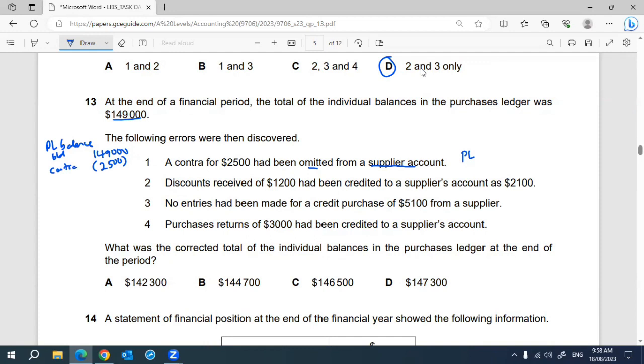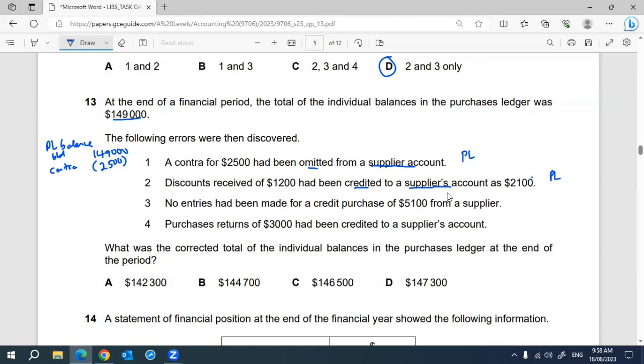Discount received of 1,200 had been credited to a supplier's account as 2,100. So again, a particular supplier's account is mentioned. So this will affect the purchase ledger control account. So discount is something that we should deduct or rather debit. But we have added because they use the word credit. So we have wrongly added 2,100 instead of correctly deducting 1,200.